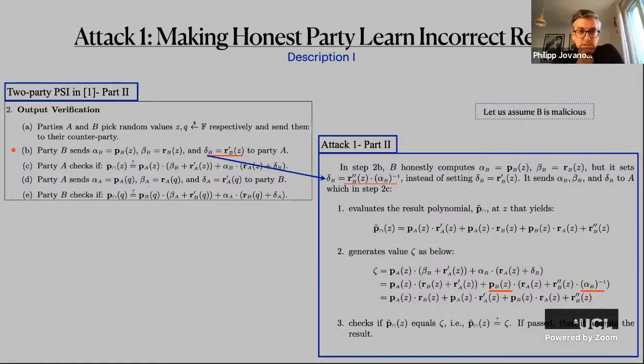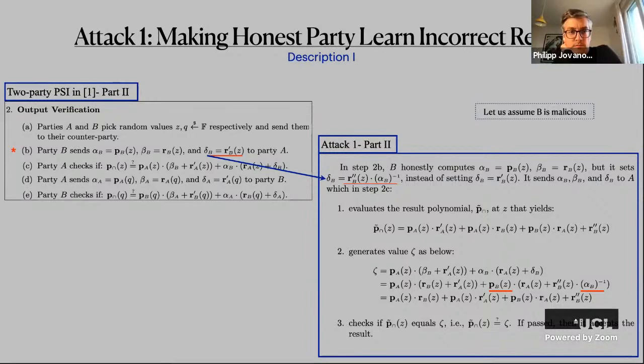Can I ask a quick question? Of course, sure. How is the inverse of the polynomial specified here? Sure, good question. I have skipped some part. All the polynomials, when they are represented, are defined over a finite field.